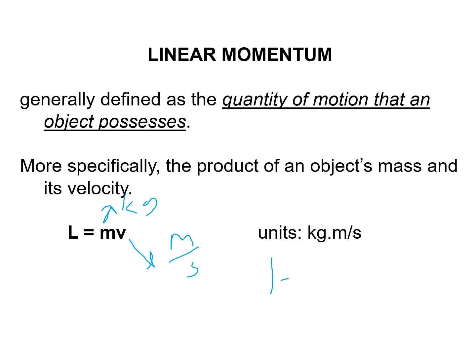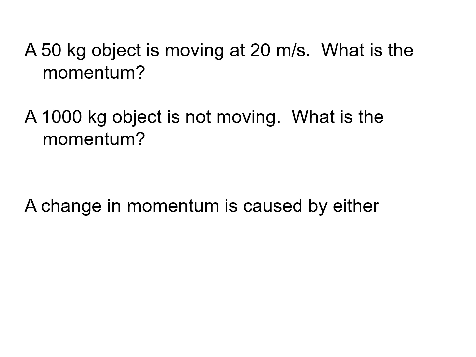So you'll see it written out like this, or you might see it written out like this. Okay, let's continue. A 50 kilogram object is moving at 20 meters per second. What is its momentum?